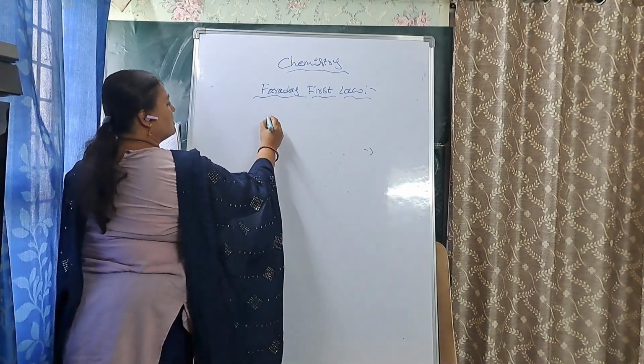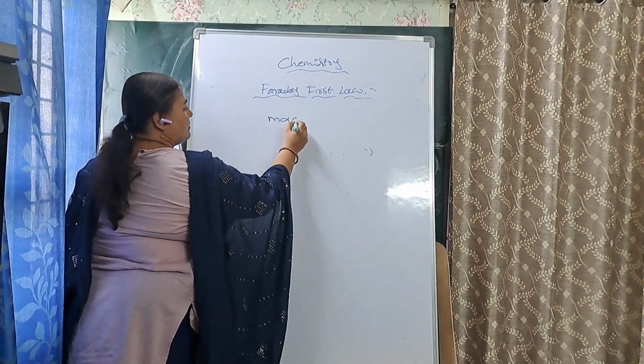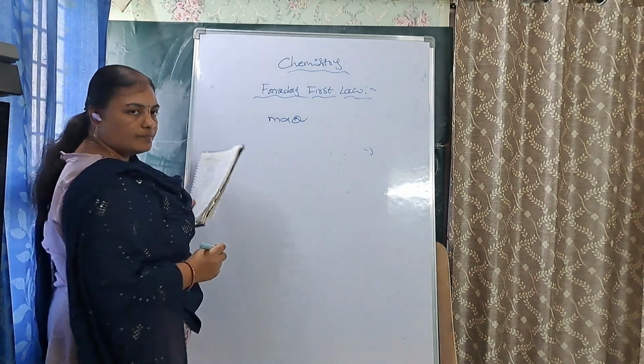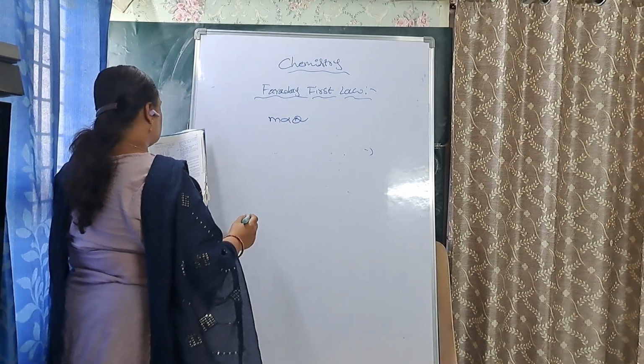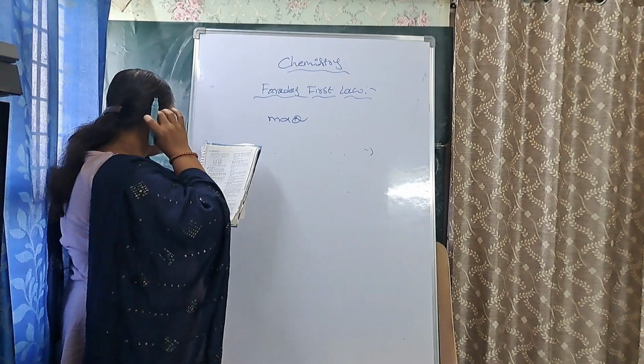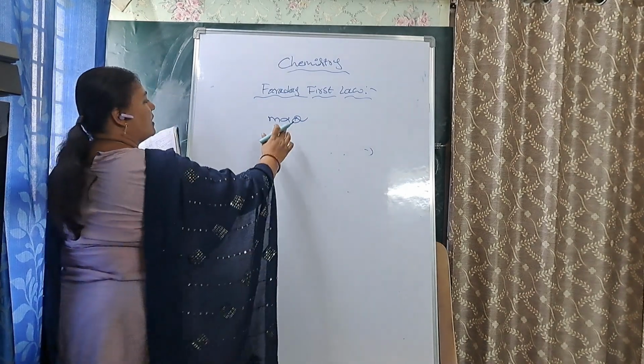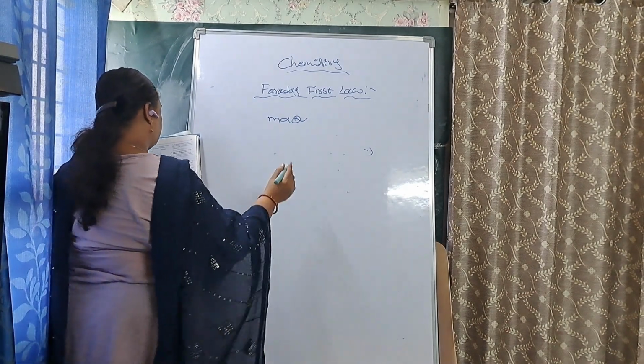That is M is directly proportional to Q, where M is mass and Q is the quantity of current.